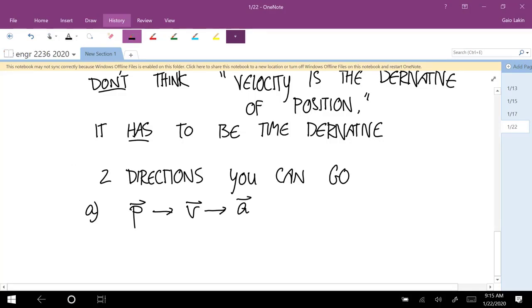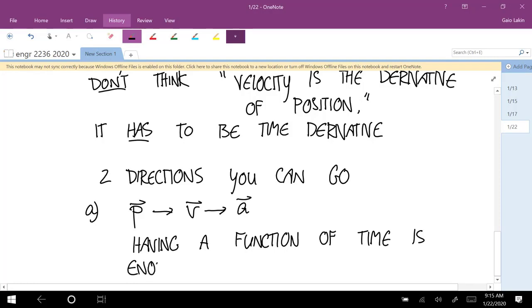In that case, having a function of time is enough. All you have to do is take the time derivative. So, for each step, you're just taking the time derivative.